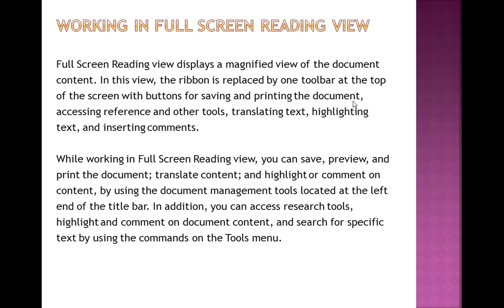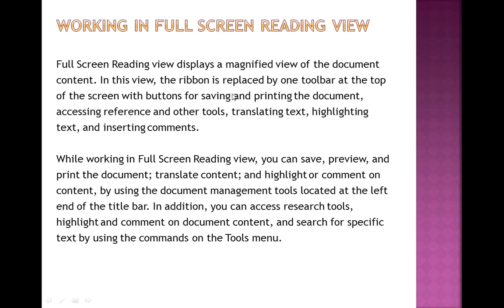The ribbon is removed and replaced by a toolbar that contains multiple options like save, print, access reference and other tools, translating text, highlighting text and inserting comments. While working in full screen reading view, you can save, preview and print the document, translate content, and highlight or comment on the content.